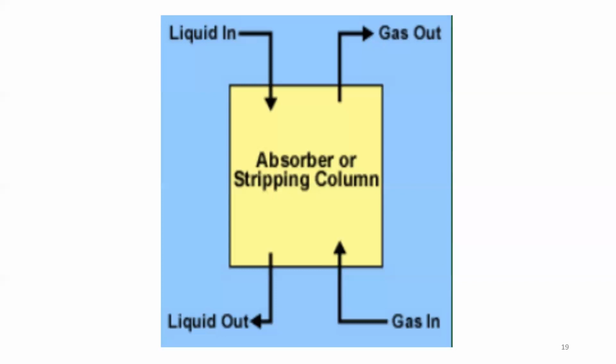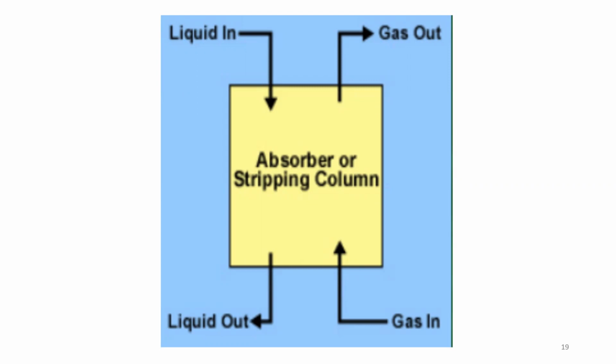So from this gas mixture, only the solute part should separate out, and the solvent is selected in such a way that only the solute part from this gas mixture is going to dissolve in the solvent.